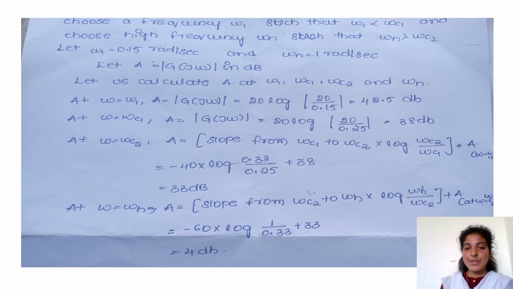We get minus 20 into log of 0.33 by 0.25 plus 38, which gives 33 decibels.